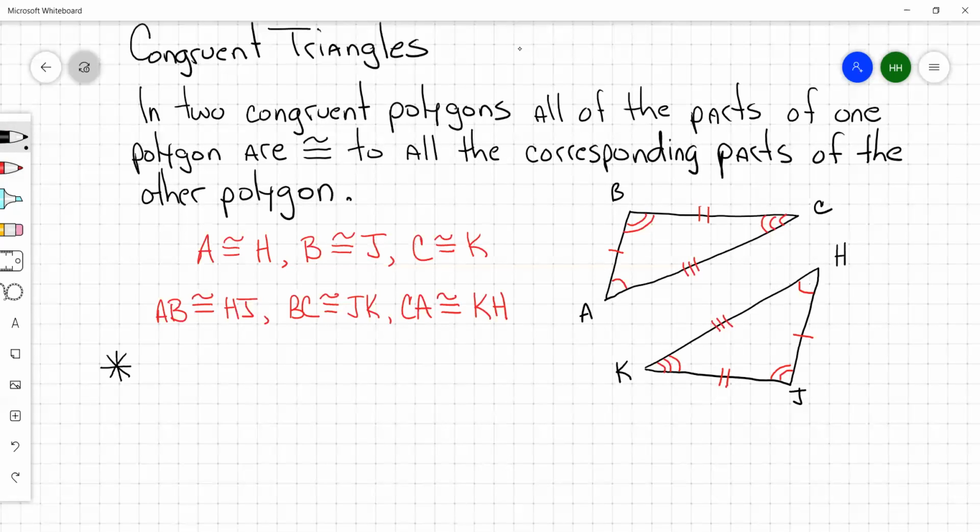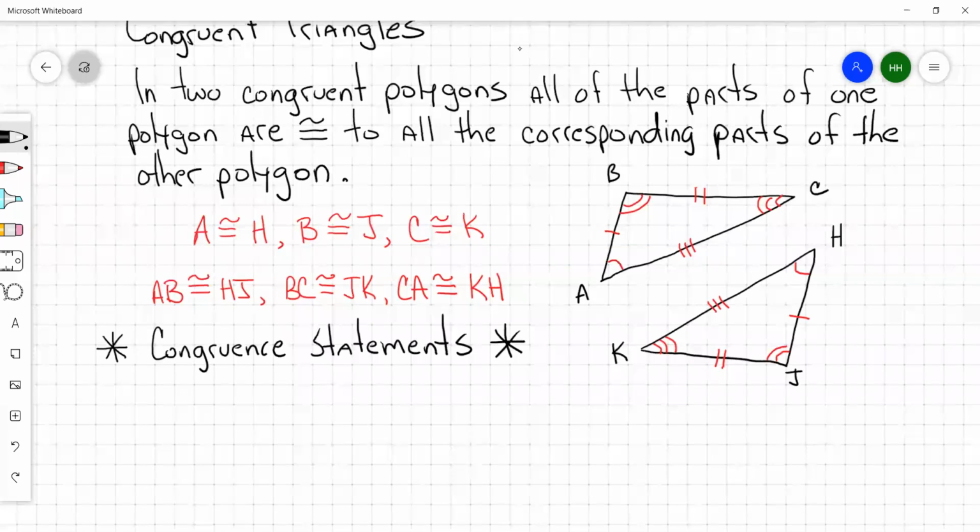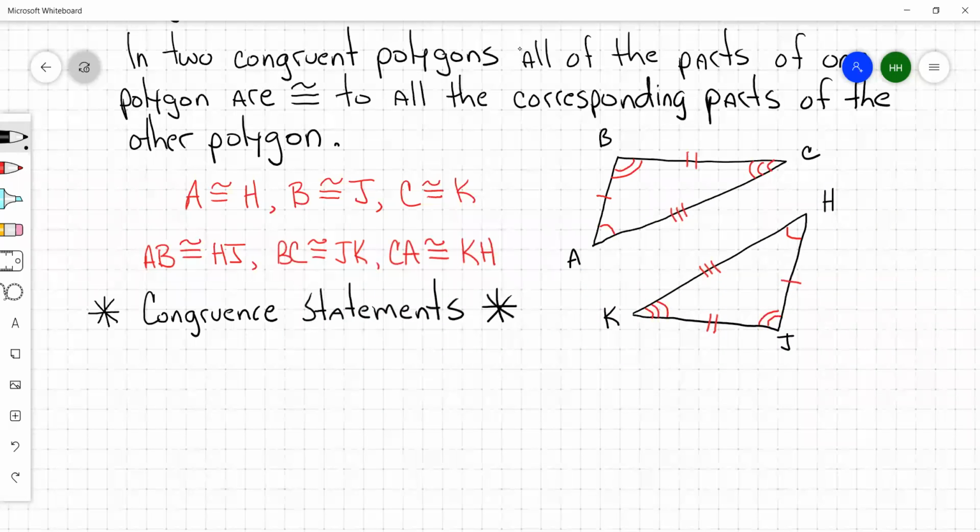It's called a congruence statement. I'm going to say congruent statements, because you can write 3 of them here. And you're going to be asked to this week and today and tomorrow and on Friday. A congruent statement looks something like this.